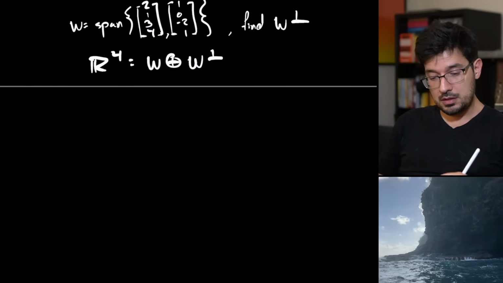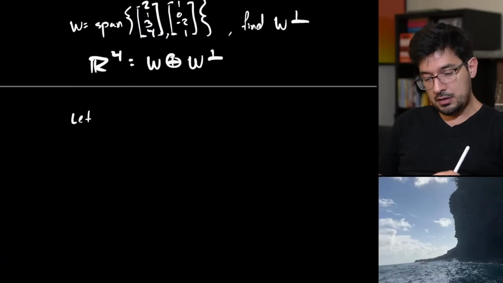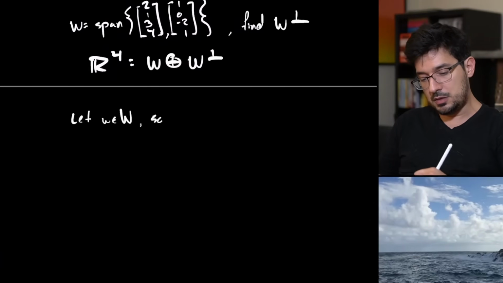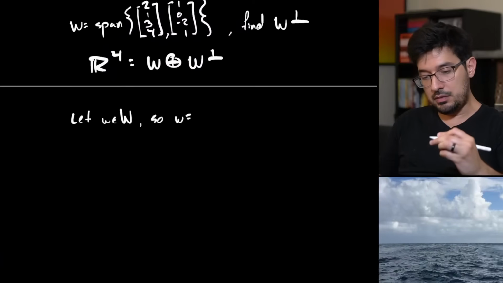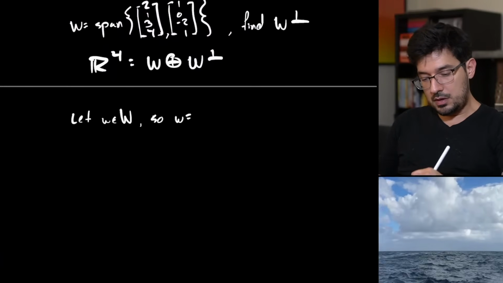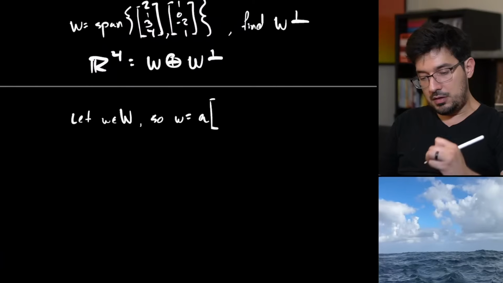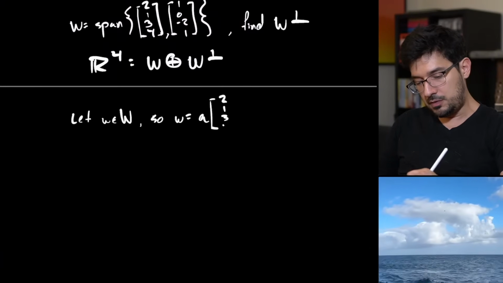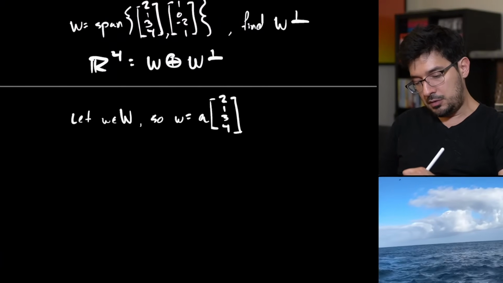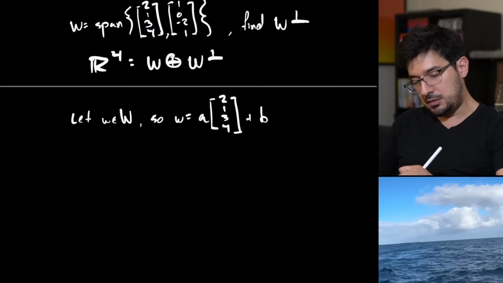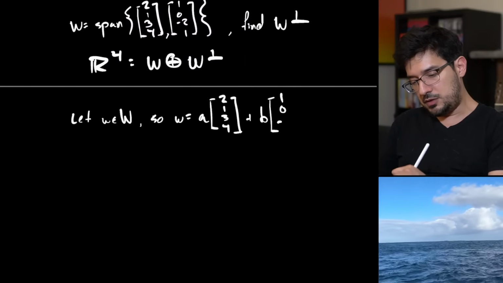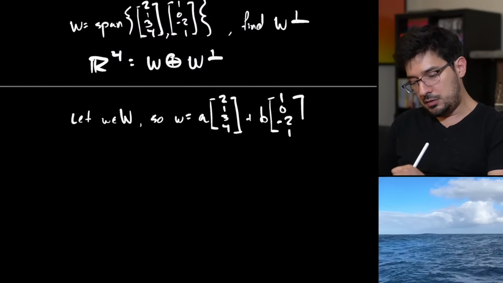So let w be in W, so w is A times 2, 1, 3, 4 plus B times 1, 0, negative 2, 1.